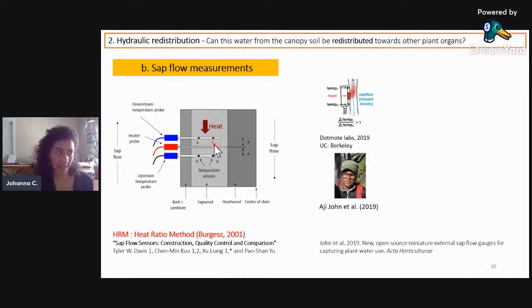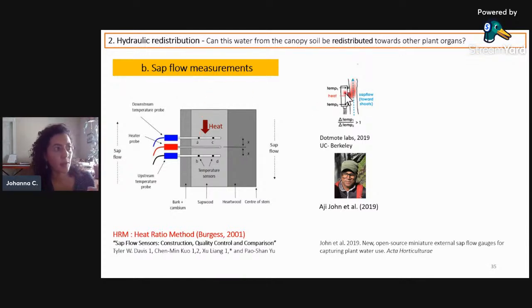So in our case, we use a similar method to the heat ratio method. The only big difference is that we applied new sap flow sensors designed by Adjijon. This was the first time that we applied these sensors, and these were less invasive. So this is just, again, the trunk. In the usual case, these probes are completely inserted in the trunk, so there are needles that are inserted in the trunk.